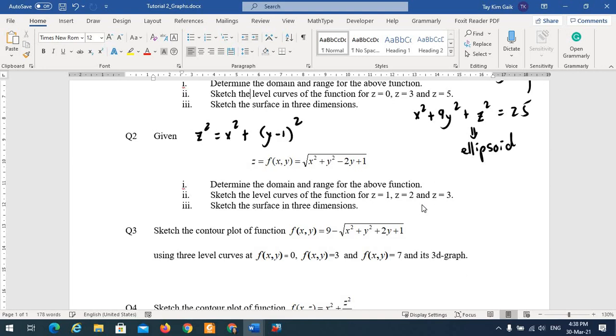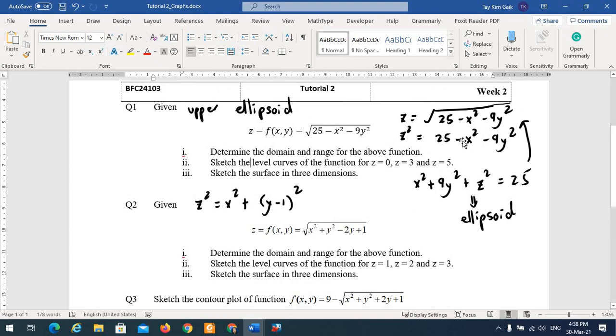You see that with negative x squared, negative y squared on the right-hand side, when you collect them together on the left side, everything becomes positive. So question 2, z squared equals x squared plus y minus 1 squared, is actually an upper cone.